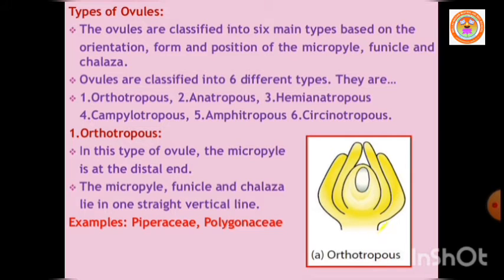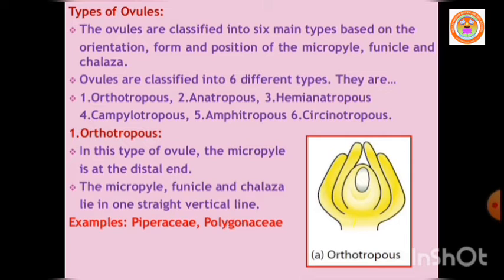Chalaza region is over here. So all the 3 important structures, micropyle, funicle and chalaza, lie in one straight vertical line. Hence, this type of ovule is called orthotropous ovule.